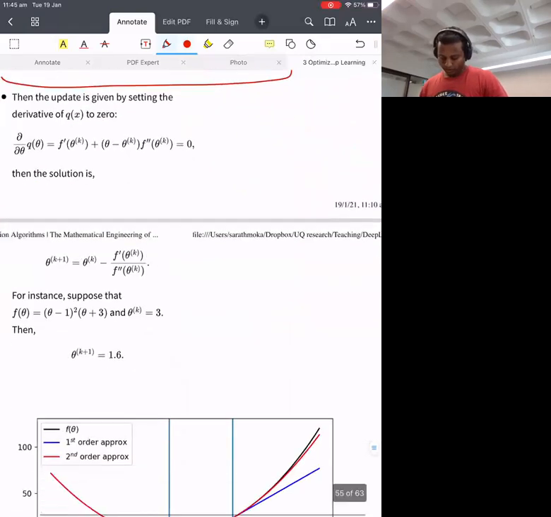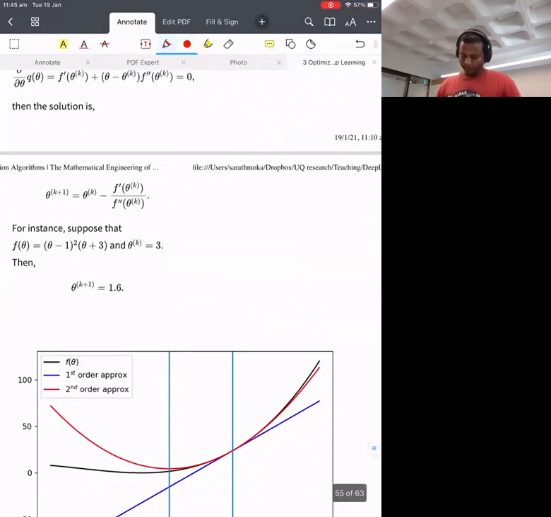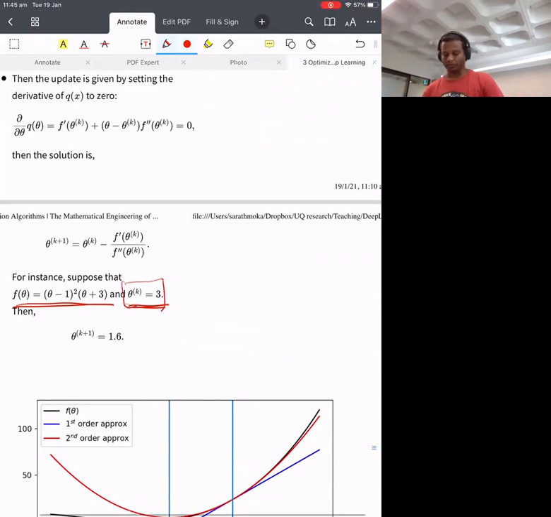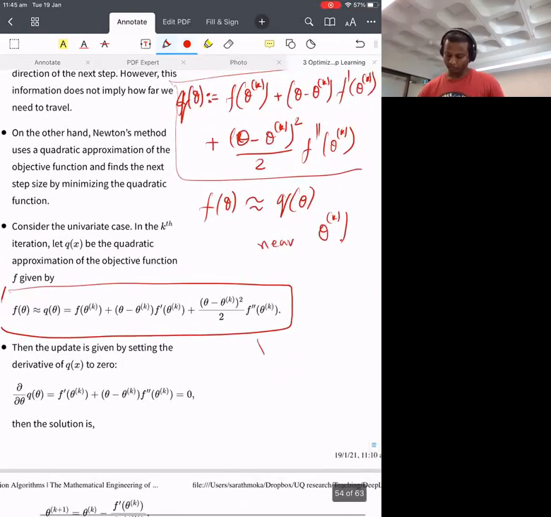Before saying that, let's do a little exercise. Take your pen and ask yourself: if f of theta is this, and theta k I'm taking as 3, can someone tell me the second order approximation about theta k, that is 3? Quickly, can you write it down? Because we know the equation.